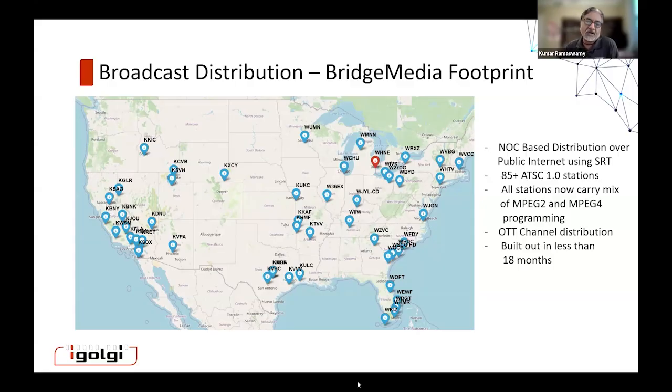But this is a more modern version of that, using public internet infrastructure for distribution. All of the station encoding gear, the redundancy, the monitoring, the EAS and the PCEP, all that gets done in Detroit. And you just send a stream out over public internet to all these endpoints using SRT.